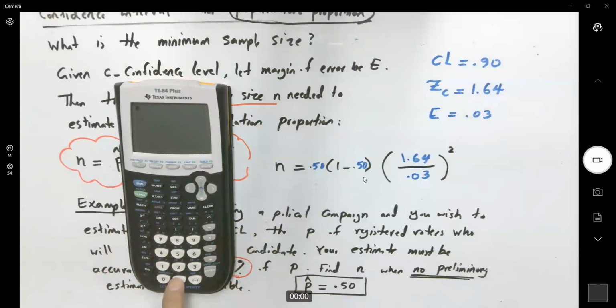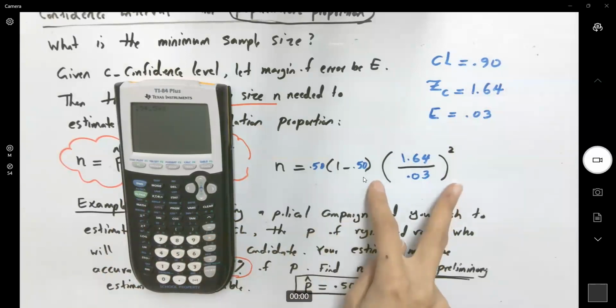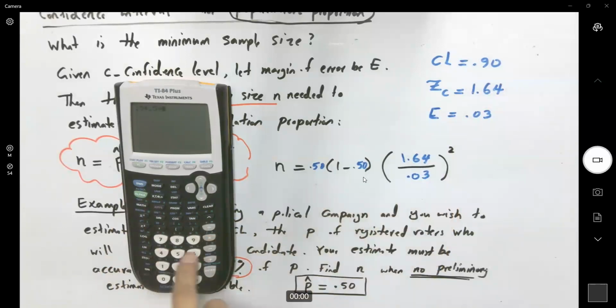We have 50% times 50% times, I need parentheses here, so let me open a parenthesis: 1.64 divided by 0.03, close the parenthesis and raise to the second power. Very good.